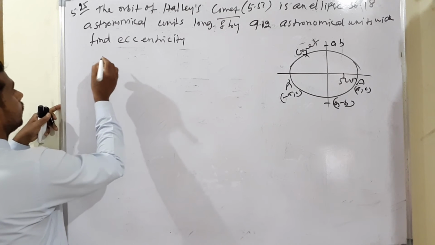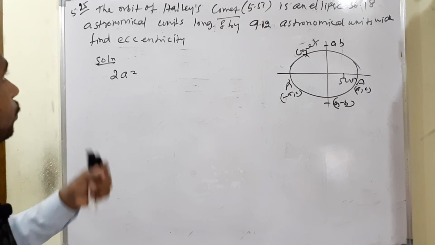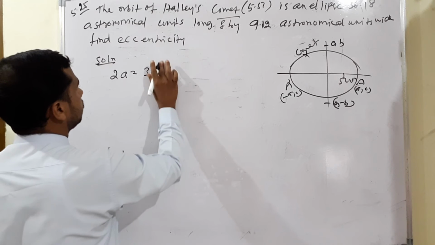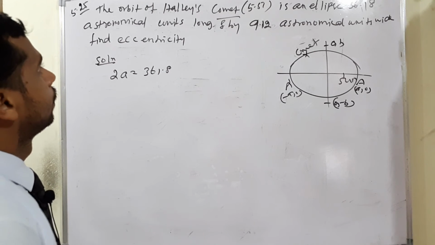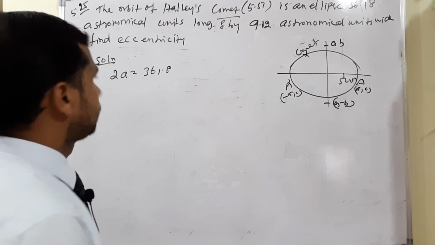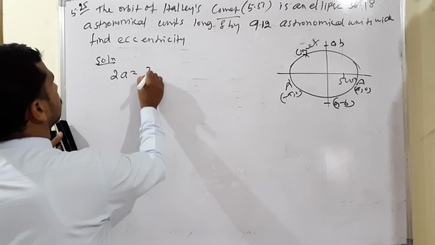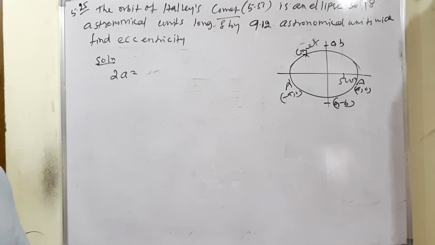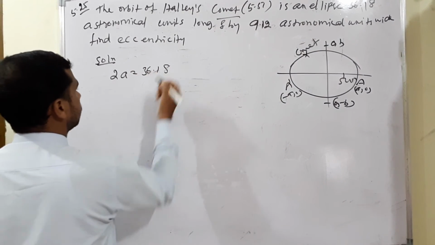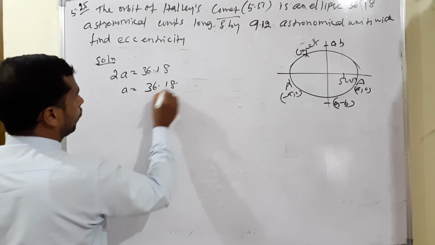So now the solution. 2A is equal to the given value, 36.18, isn't it? The units of length are given. The value for 2B is 9.12, and 2A is 36.18, isn't it? So 2A is 36.18, therefore A is equal to 36.18 divided by 2.